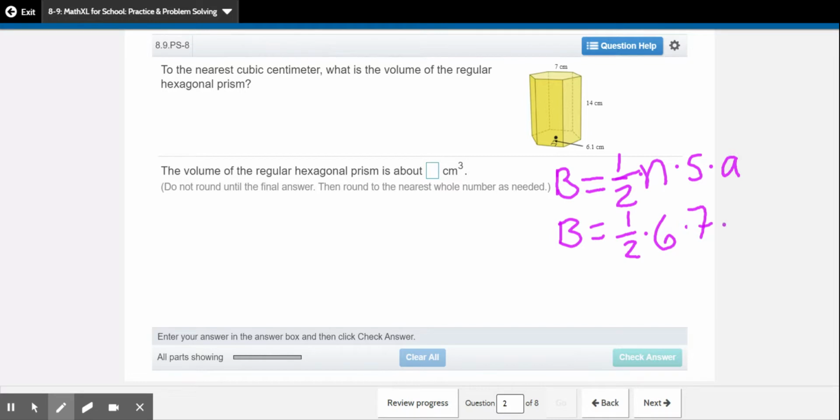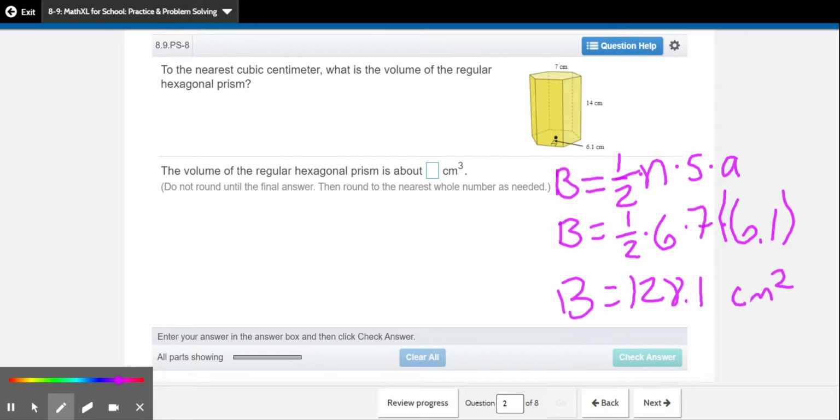And then A is, I forget the name of the word. What is it? Hold on. Apothem. Yeah, I was right. That is this little guy right in here. Okay, so that's 6.1. All right, let's use parentheses because the dots are a little confusing. All right, so we're going to multiply all those numbers together, and that'll give you the area of your base.